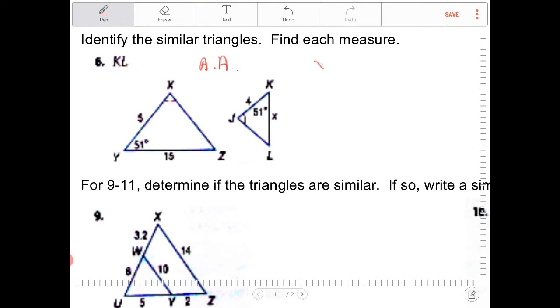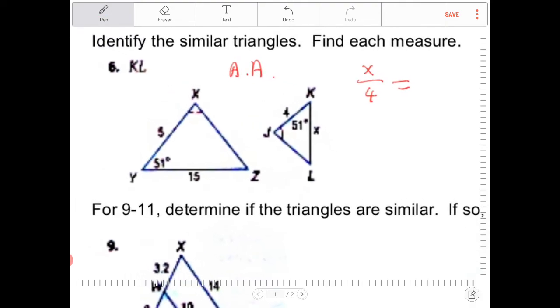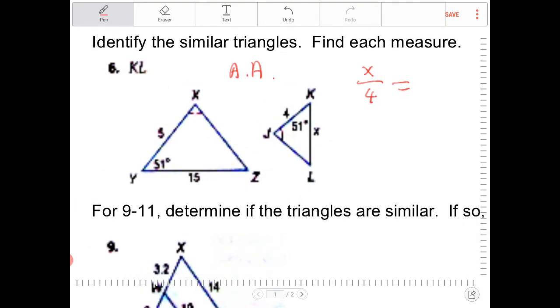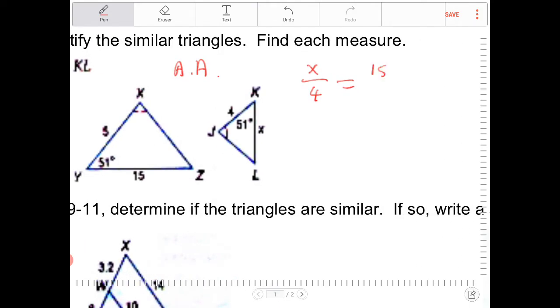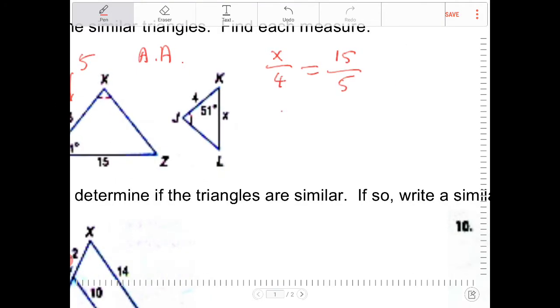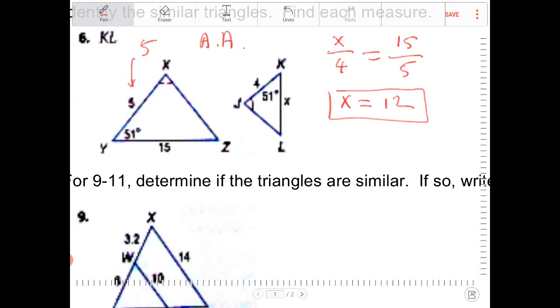So I can say x to 4 is to 15 to, I believe that is a 5. I believe that's a 5 here. Okay? So if that's the case, then I will end up with 12. X is equal to 12. Or KL is equal to 12.